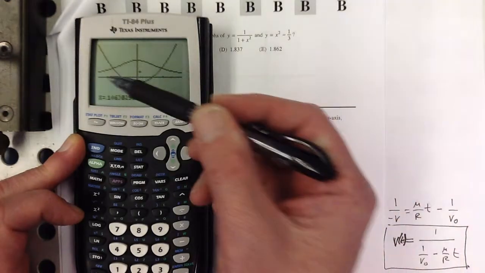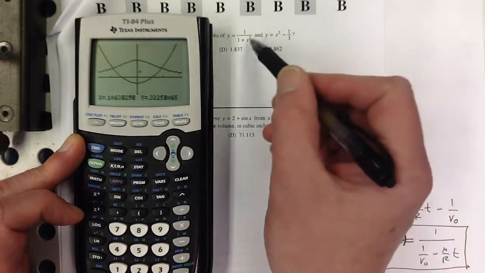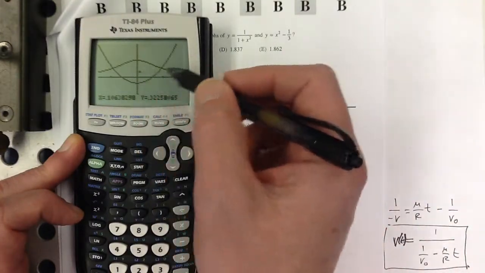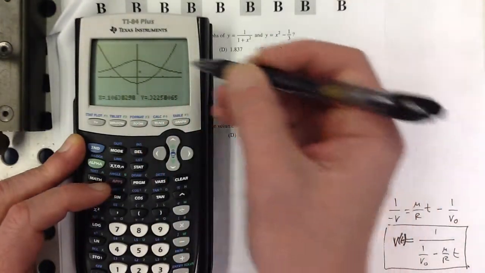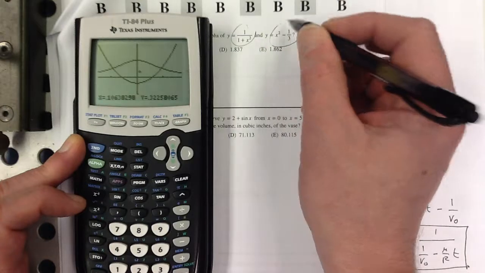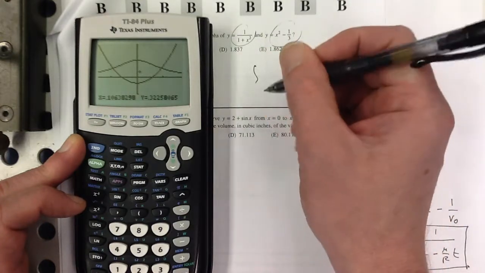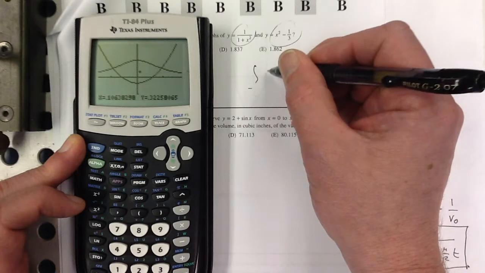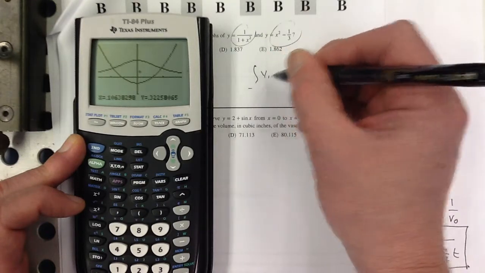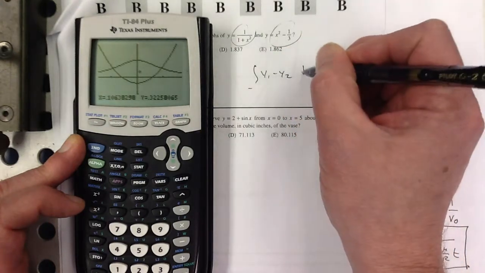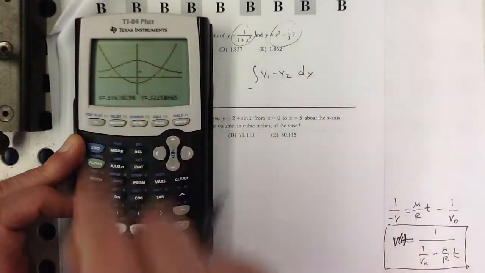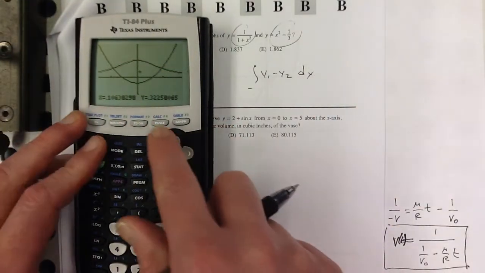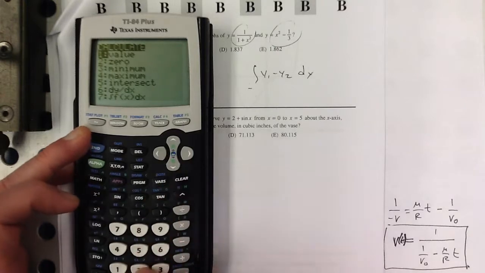Alright, so it looks like it's from here to here. And both of these are even functions, so you could go from 0, well, whatever. So it looks like this one's on top, this one's on the bottom, so I need to do the integral from negative whatever to positive whatever of this first one, which I put in as y1, minus y2 on the bottom. So I just need to figure out those intersection points. So let's do that.